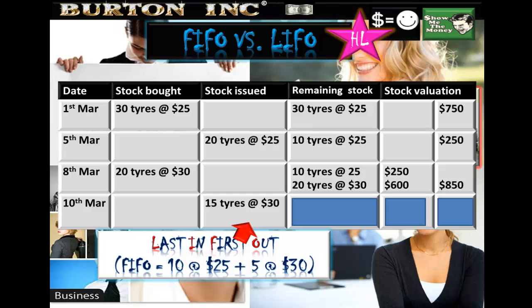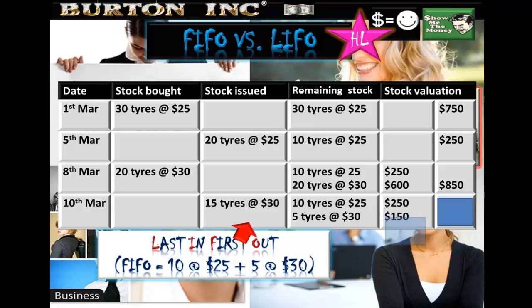The last in first out technique would leave us with 15 tyres at $30. So 15 have been issued under FIFO. 10 would be issued at $25 and 5 would be issued at $30. So for those 15 tyres, we're going to use up our old stock first.